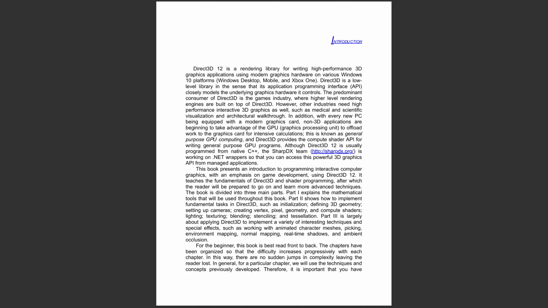Part 3 is largely about applying Direct3D to implement a variety of interesting techniques and special effects, such as working with animated character meshes, picking, environment mapping, normal mapping, real-time shadows, and ambient occlusion.